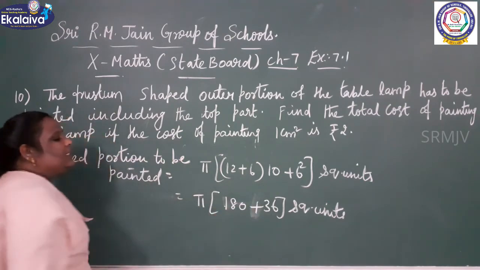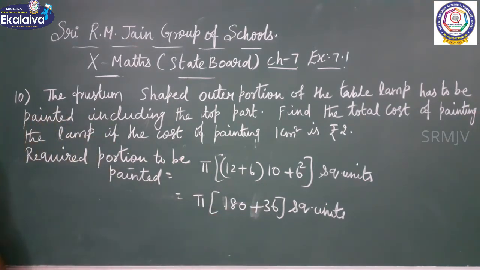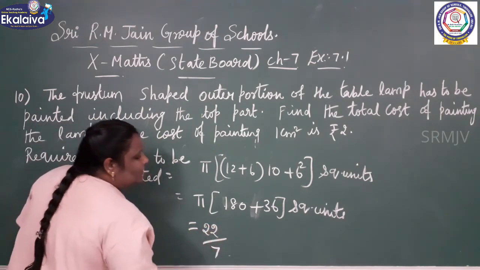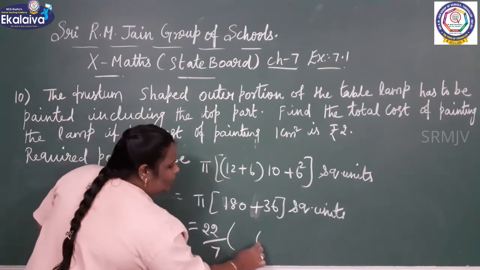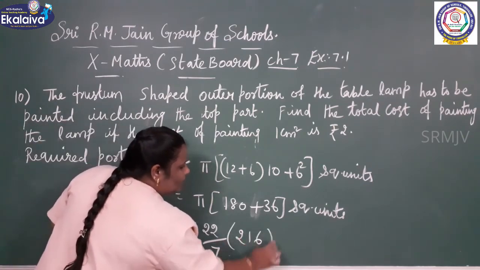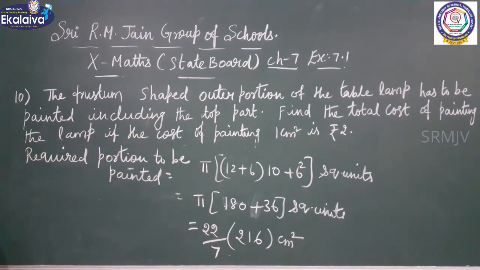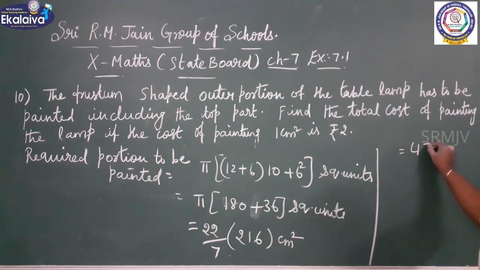So it gives 22 by 7 into 216 centimeter square. Here, 22 into 216 equal to 4752 by 7 centimeter square.